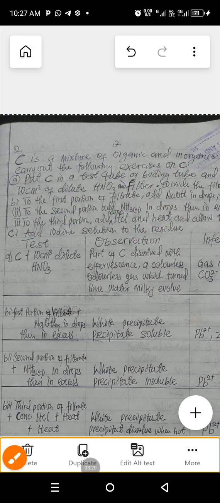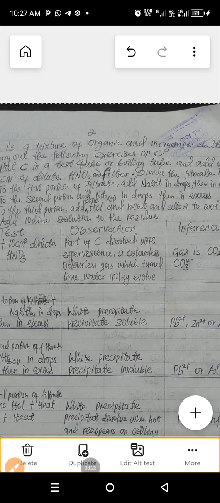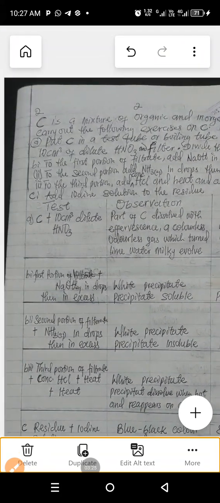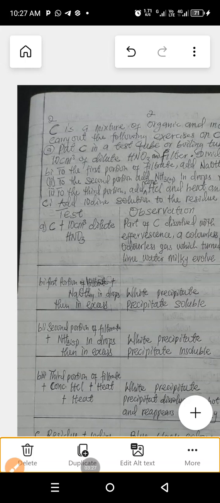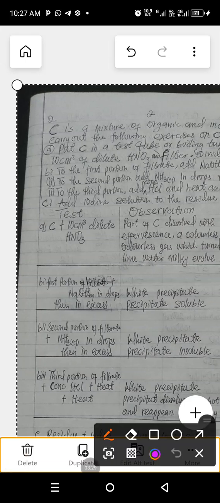So let's go to our sample. Here is our result. Here we'll say C plus dilute HNO3. What will you see? Part of C dissolved with effervescence, giving a colorless, odorless gas, which turned lime water milky.